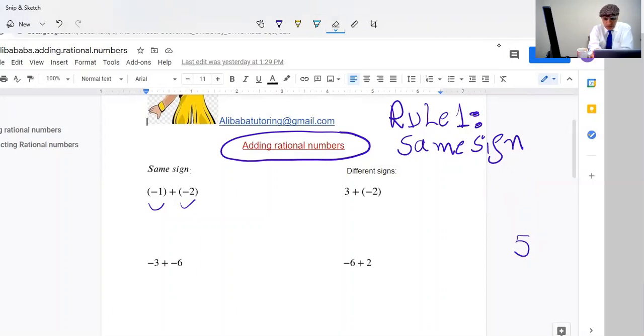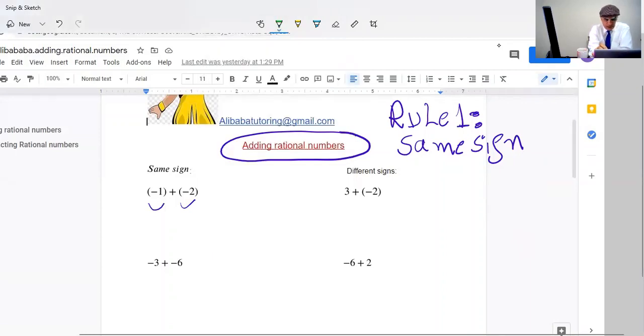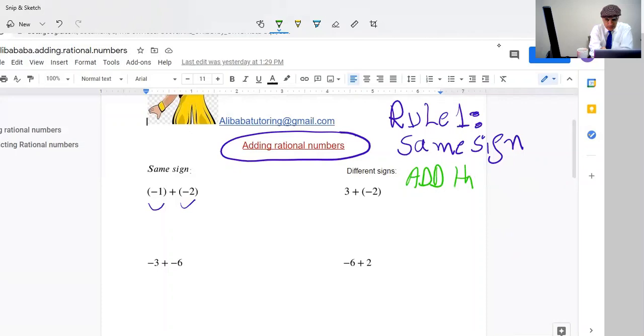When adding numbers that have the same sign, what do we do? Well, it's quite simple. When adding numbers that have the same sign, we are going to add them. Forget about the sign and add them. And just keep the sign. What does that mean, keep the sign?